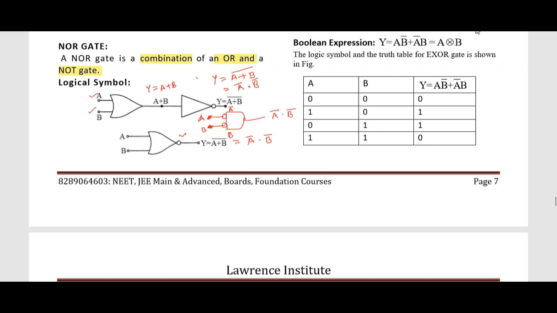This is another implementation of NOR gate. This is the implementation of NOR gate by using OR gate. This is the implementation of NOR gate by using AND gate. You should be familiar with both of these.